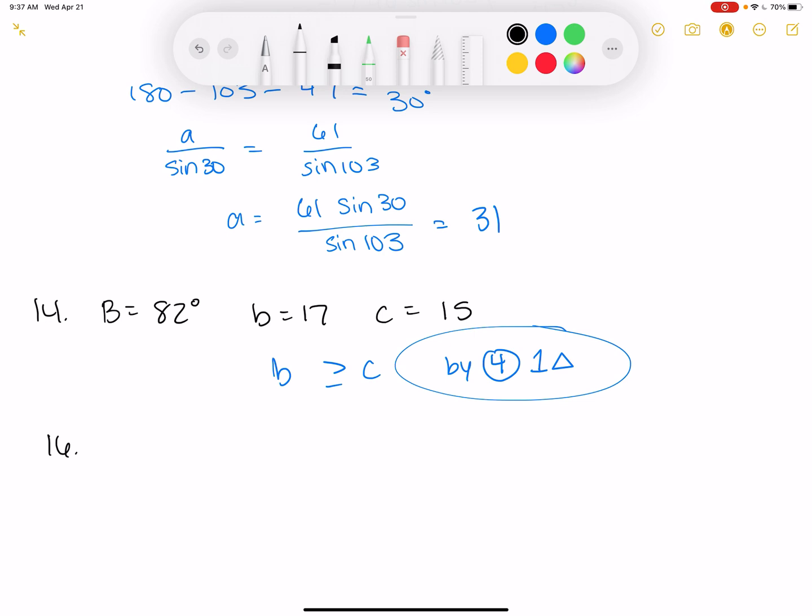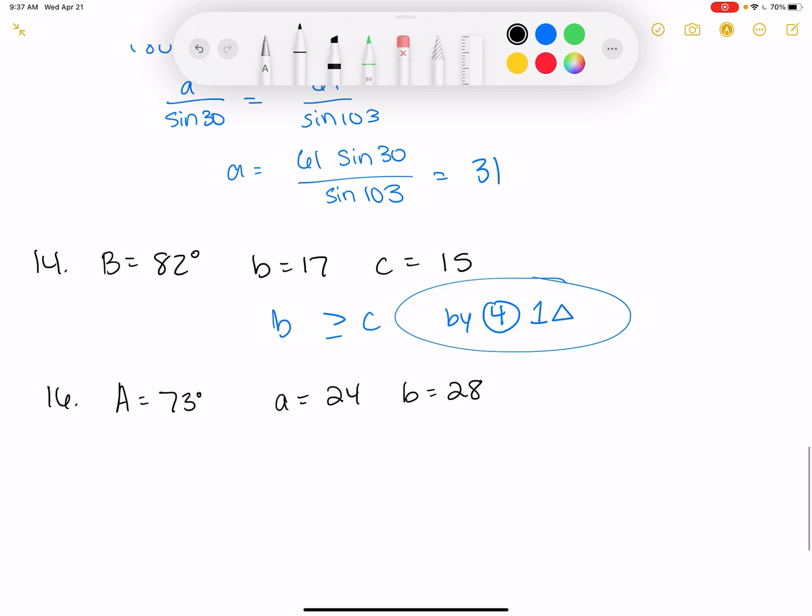Number 16. A is 73 degrees, a is 24 and b is 28. What scenario am I dealing with here? Acute or obtuse? Acute, so I need the right side. The question is, is A greater than or equal to B?